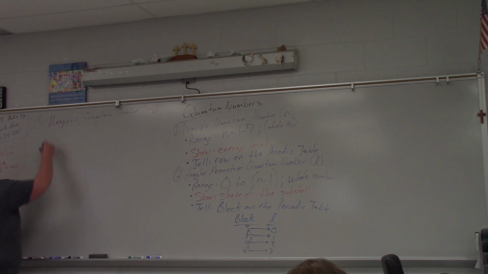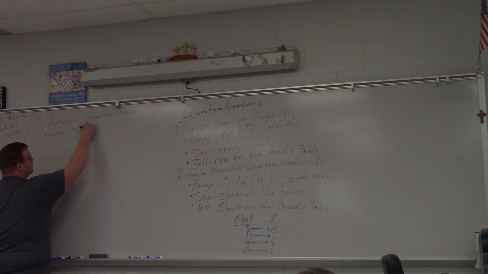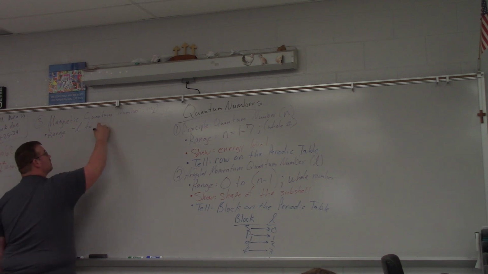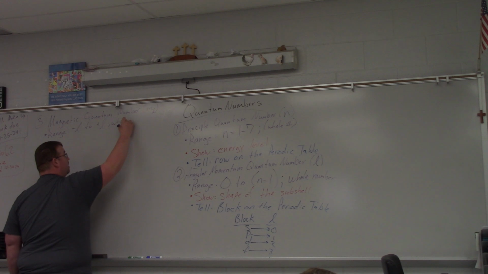So the magnetic quantum number has a range that can exist from negative L to positive L. It also has to be a whole number.